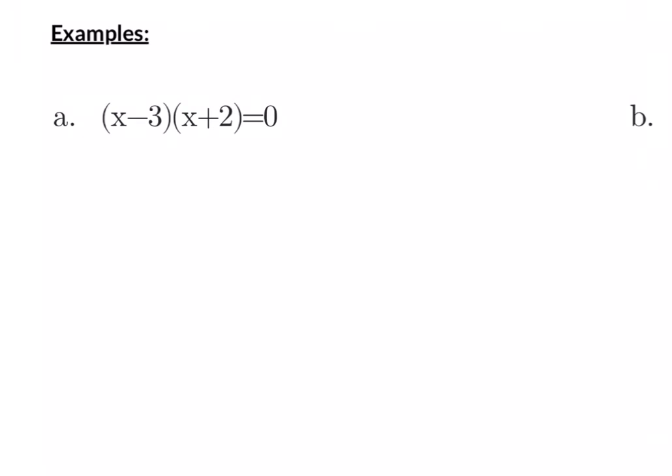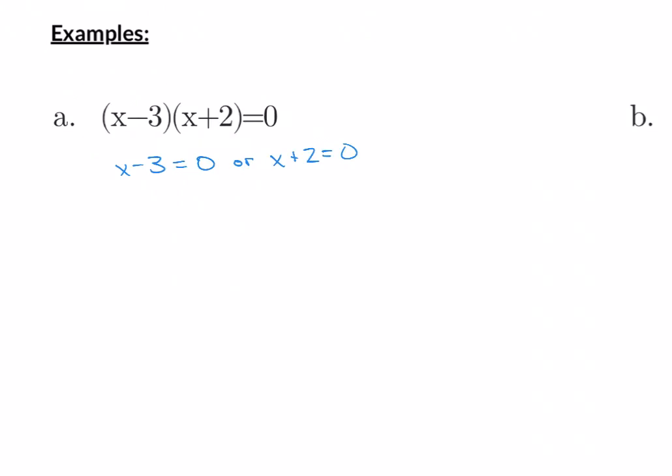Example A, this is actually already set equal to 0, and it is already factored. So this is kind of our base case. So this is just going to be set each factor, each set of parentheses, equal to 0. We have two little equations.